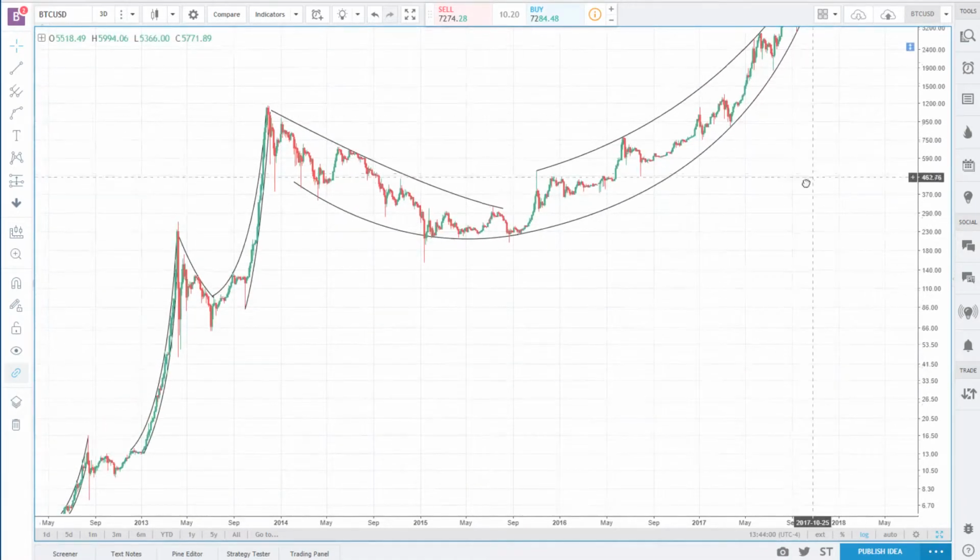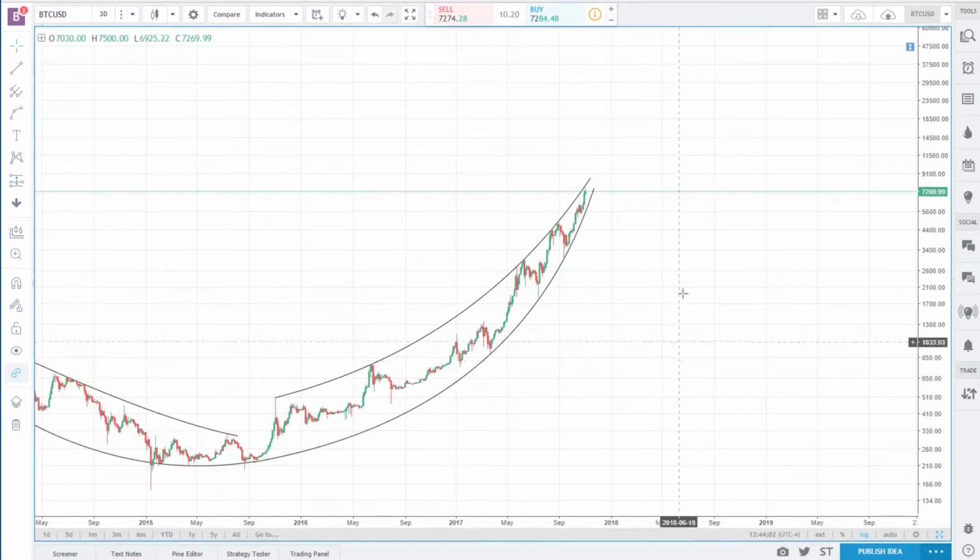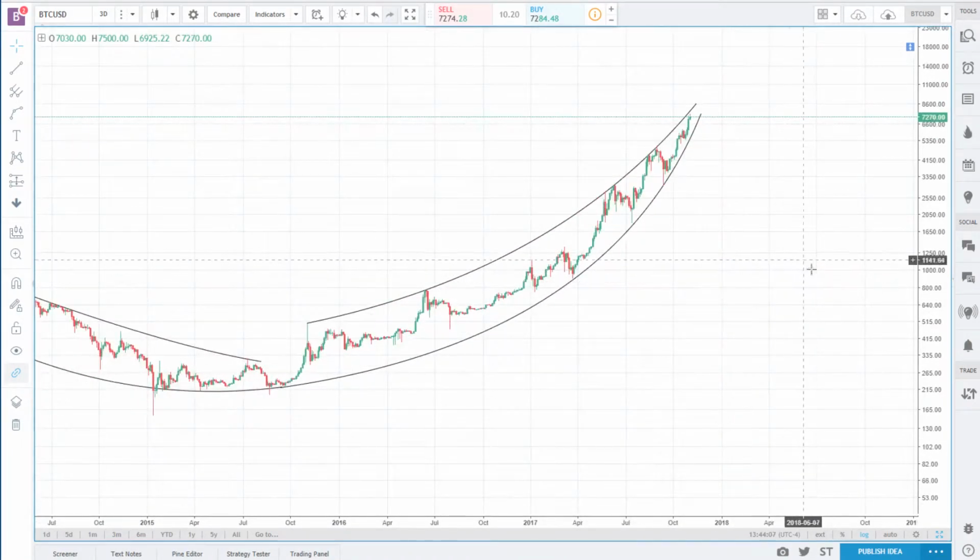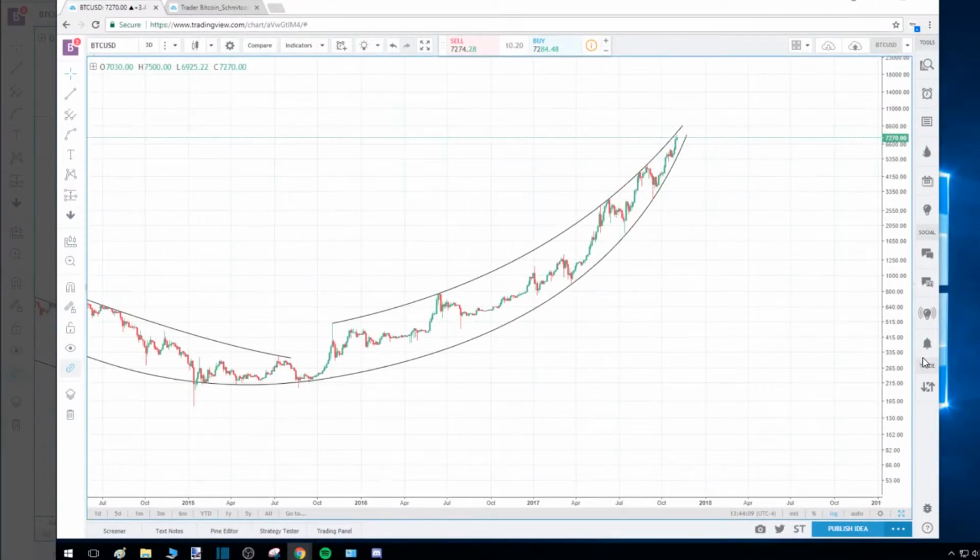And it's been a very aggressive parabola, but I don't think it has much more growth in it. I think at most we'll see 10K, and that's at most. I expect it to top out right at the upper edge of this envelope right here.